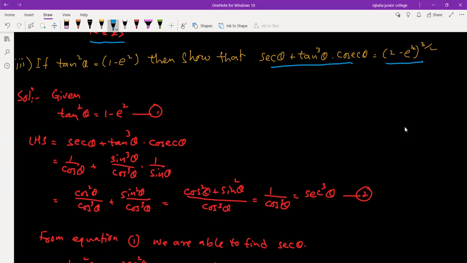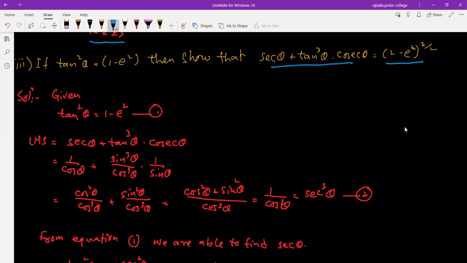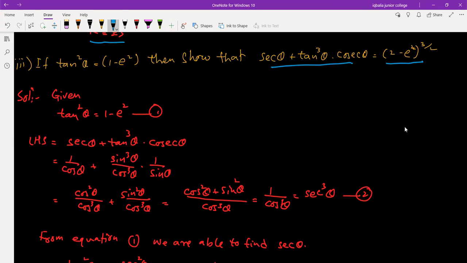So first of all I will take the left hand side. In the left hand side I have sec theta plus tan cube theta into cosec theta. So here I know the reciprocal of cos theta is sec theta, that is 1 by cos theta, and I know that tan theta is equal to sine by cos. So tan cube theta means sine cube theta by cos cube theta, and I know the reciprocal of sine theta, that is cosec theta, is 1 by sine theta.